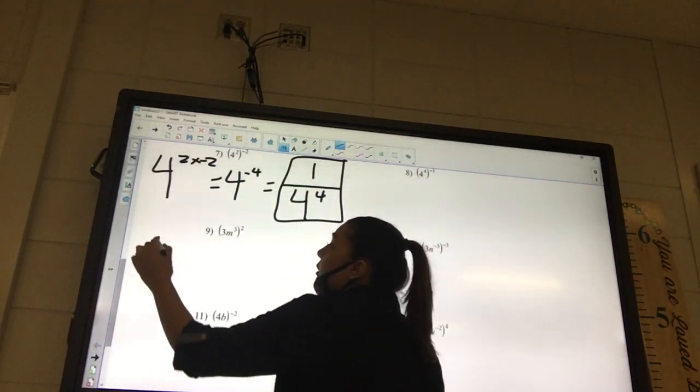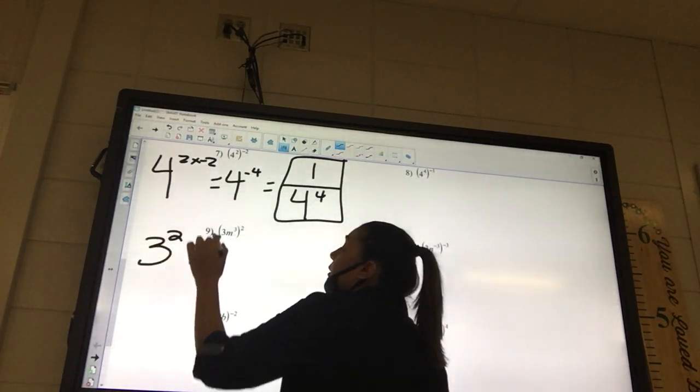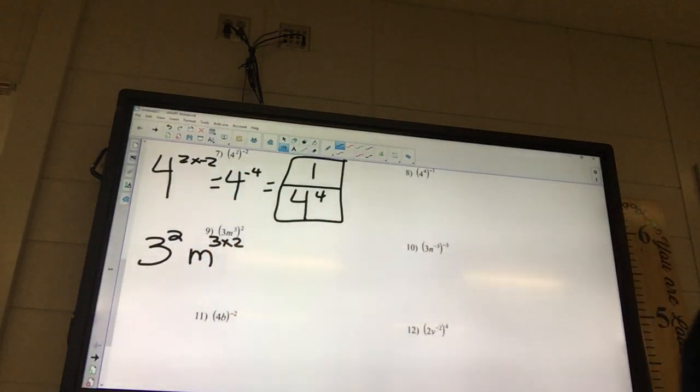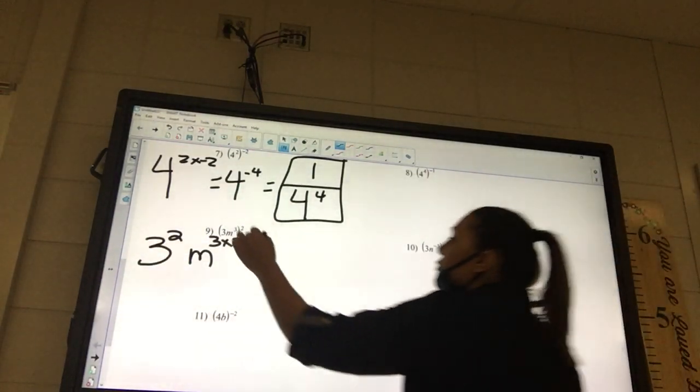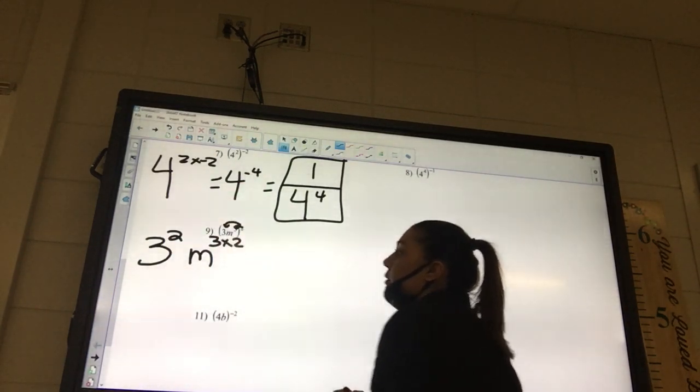What this needs to look like is 3 to the little 2, m to the 3 times 2. Take a second, look at it, see what's happening. If you worked ahead, you're probably going to have to erase some stuff. What really happens is you're distributing this little 2 to each one of these pieces.